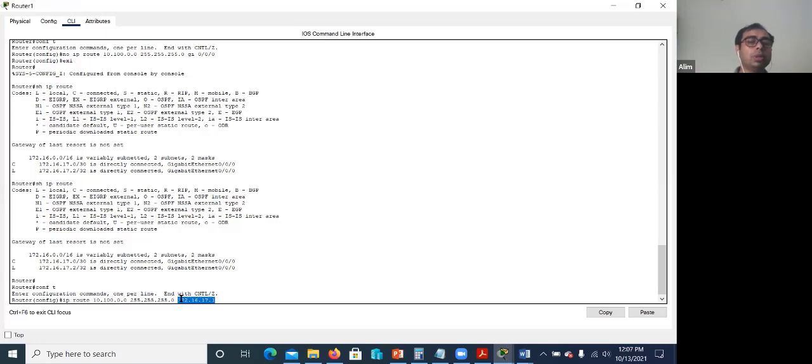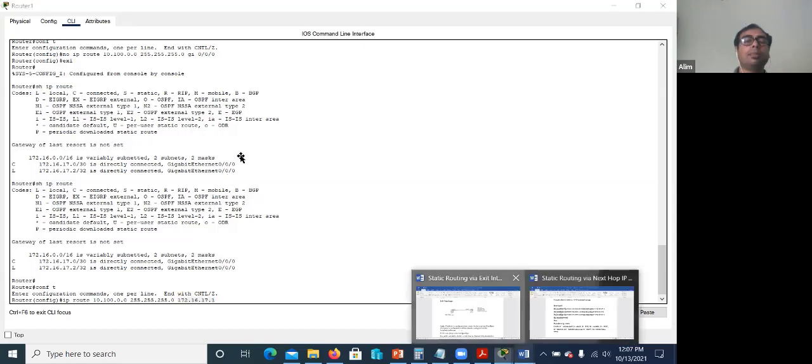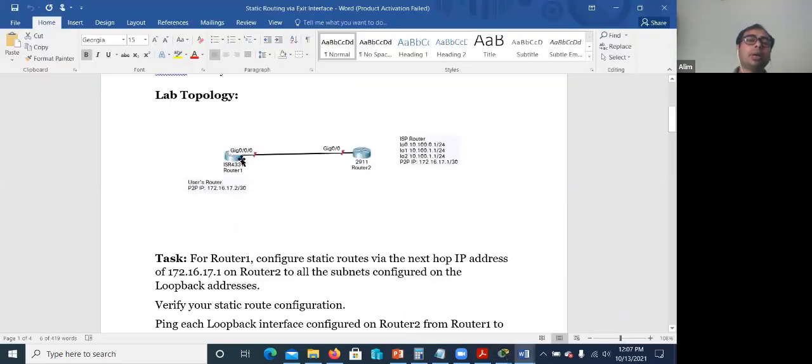Then we put in an IP address, which is the next hop IP address. Look in the diagram. You are on the user router, and you want to reach some network connected to the ISP or foreign router.